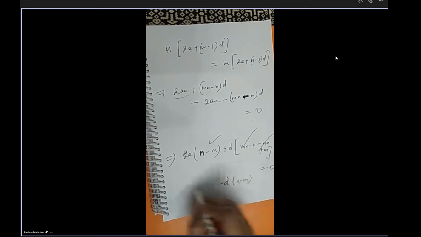So if I write n minus m, by taking minus common, any other suggestion you can give now. n minus m, n minus n is common. To the other side and then simplify it. n minus m by n minus m. So what result we can get now? d equals to 2a. Either this is 0 or this is 0. d equals to 2a. Now what we have to find out?